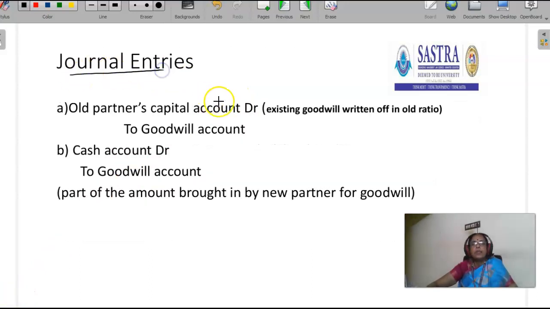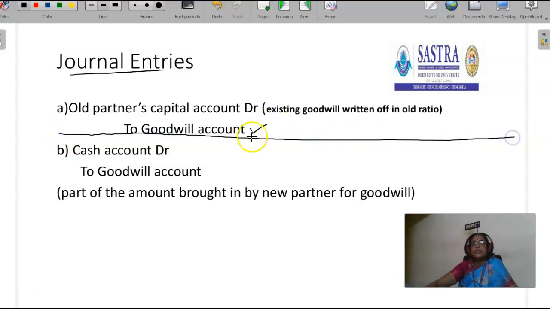Journal entries for the above case. Old partner's capital account debtor to goodwill. So assuming that the goodwill is already in the balance sheet, that value of goodwill should be written off in the old ratio. For that, the entry is old partner's capital account debtor to goodwill account.